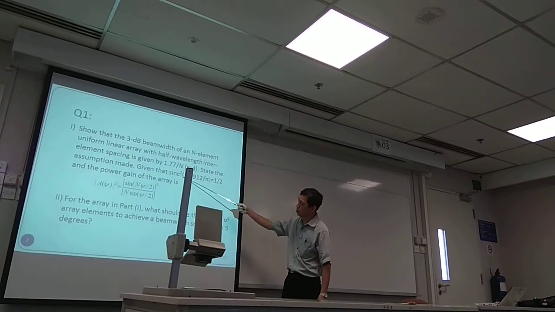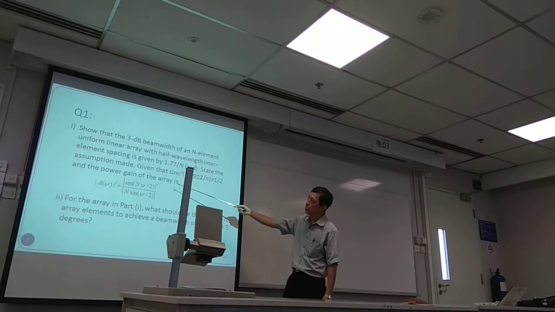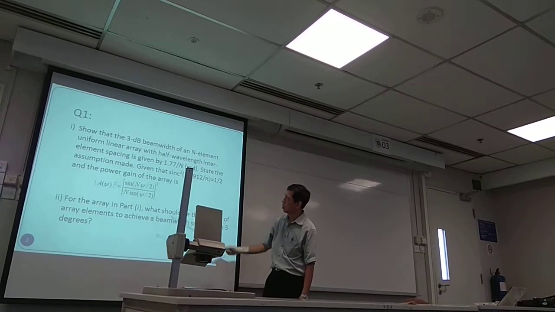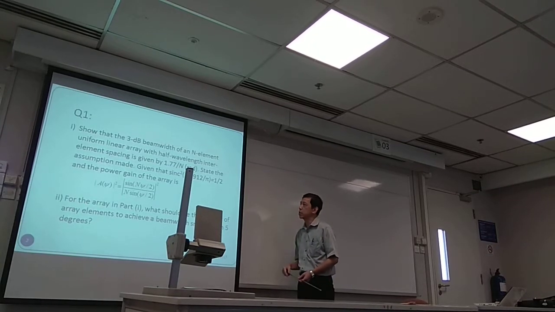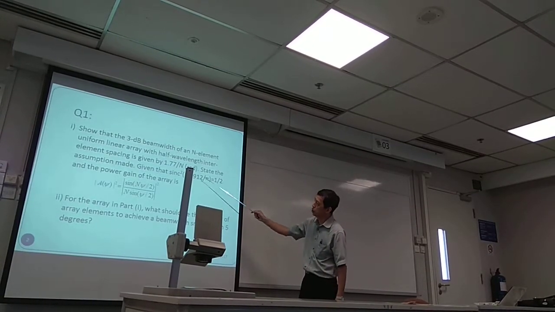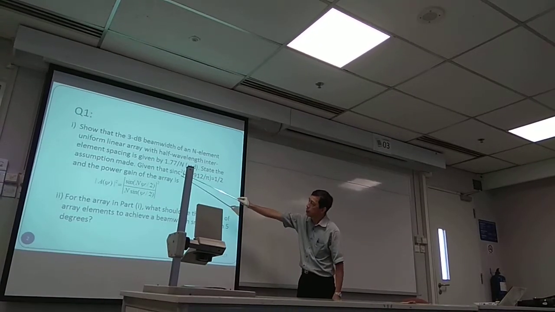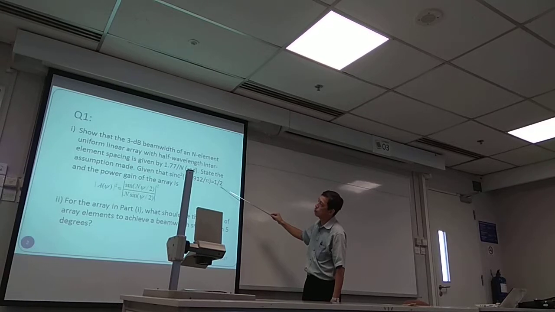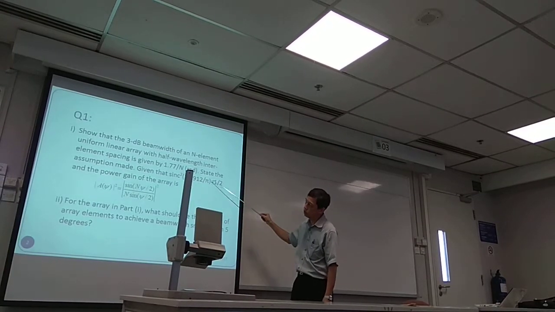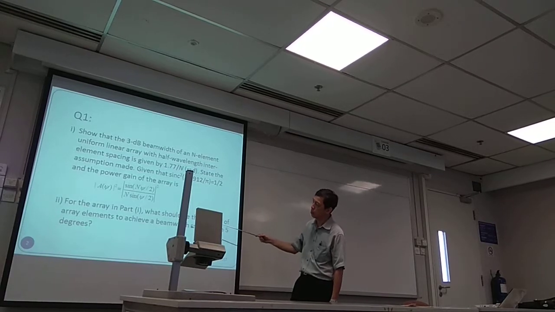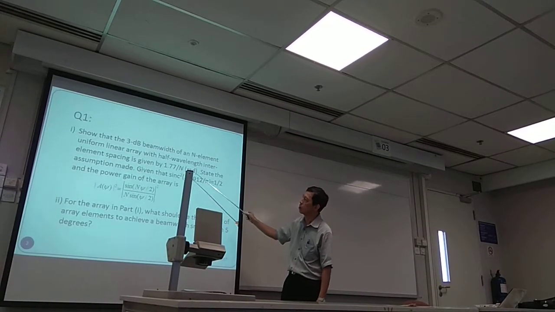And the sinc function square here is because the power response of the array is basically a sinc function, alright? With this relation for the sinc function, you find that you can make your life much easier to derive the beam width.